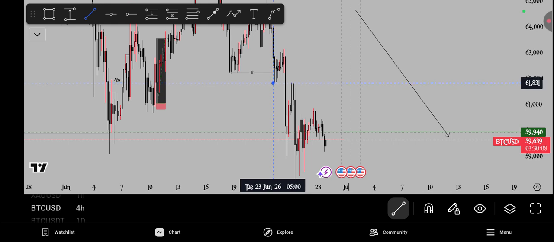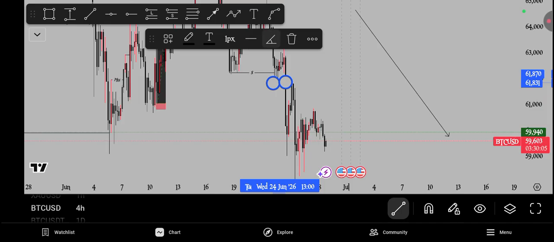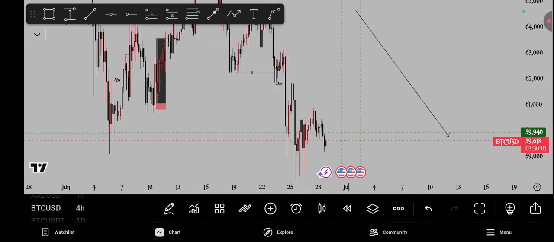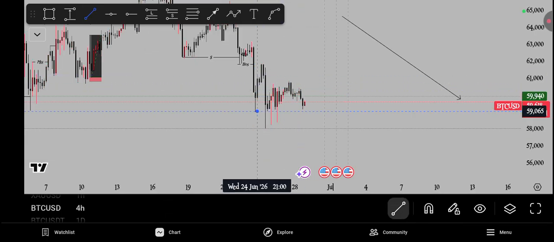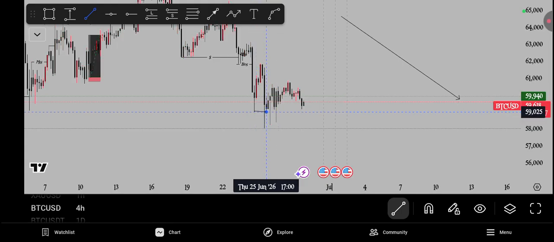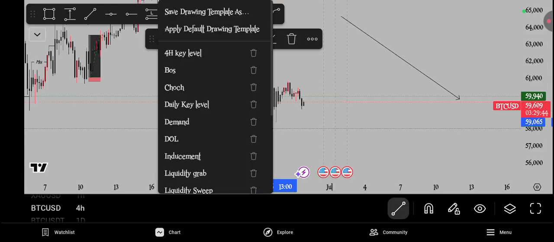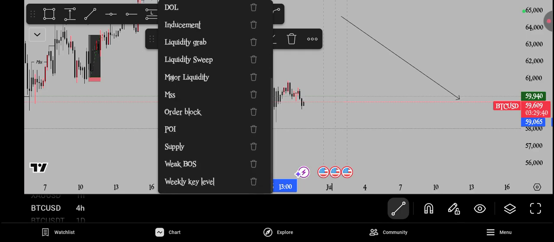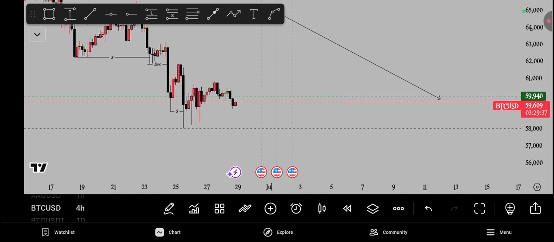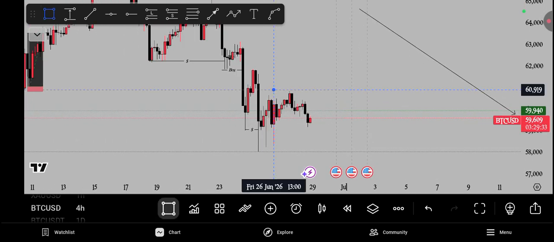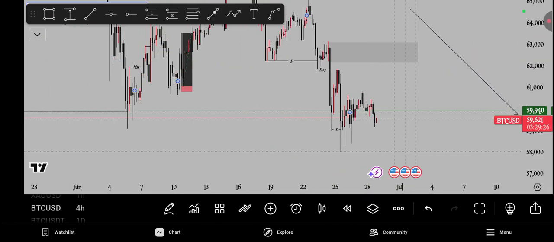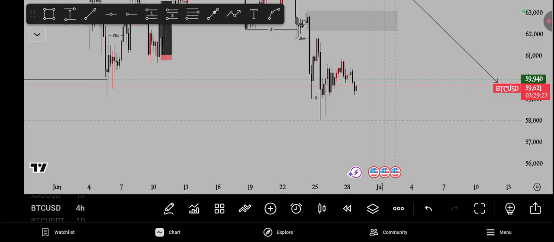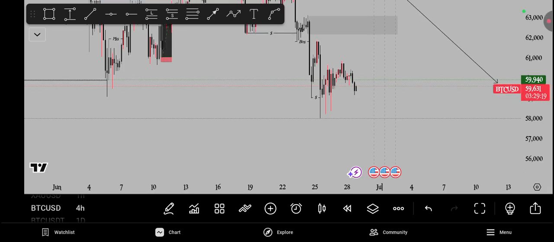Followed by this break of structure, and followed by this. Be waiting here. We are bearish on BTC.